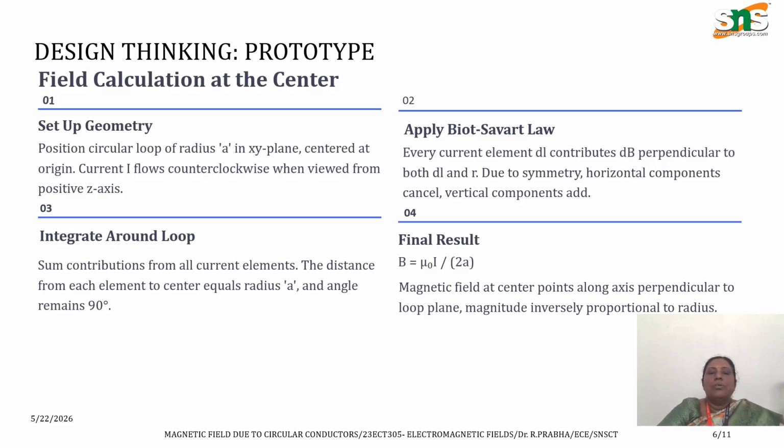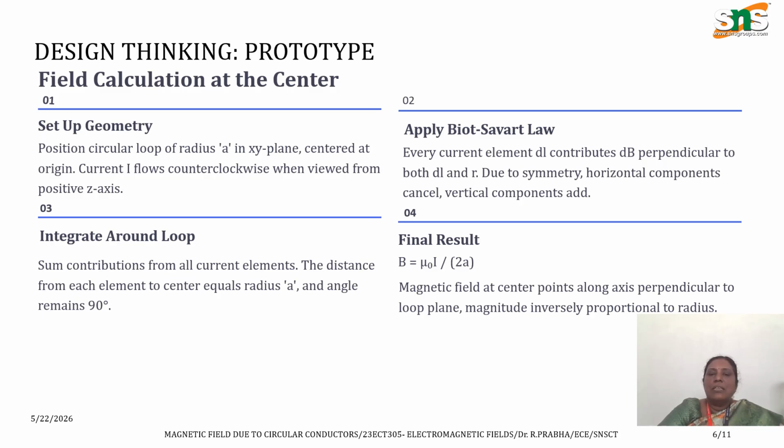In the third step, we integrate the contributions of all current elements to find the entire magnetic field intensity. Here the distance from each element to the center equals the radius a, and the angle remains 90 degrees.